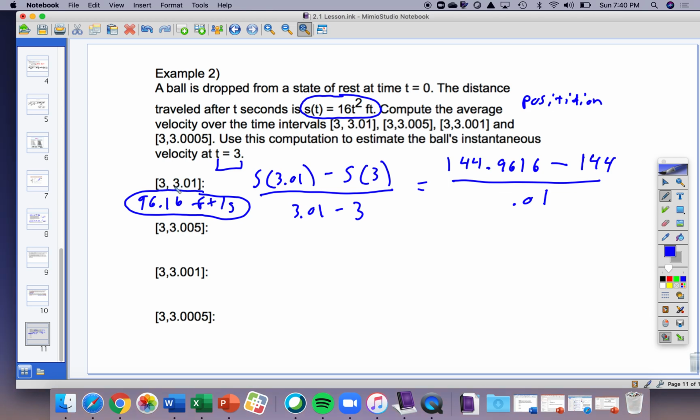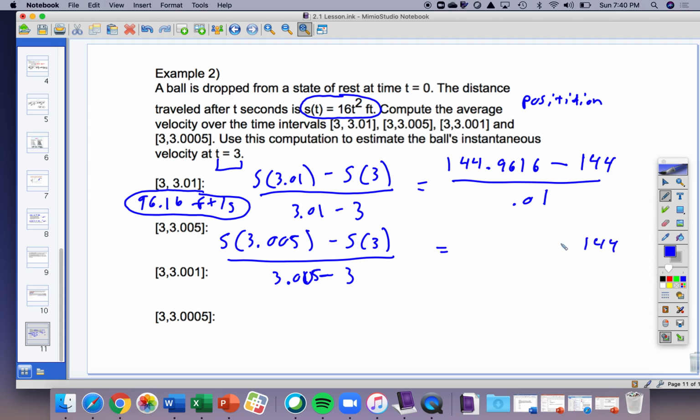But we can get this time interval closer together. So we're going to try the next one, which should be s of 3.005 minus s of 3 over 3.005 minus 3. Now I know this value already is 144. I know my denominator will be 0.005, and then I'll use my calculator to do 3.005, square it, and multiply by 16.